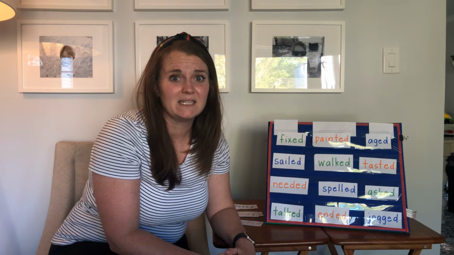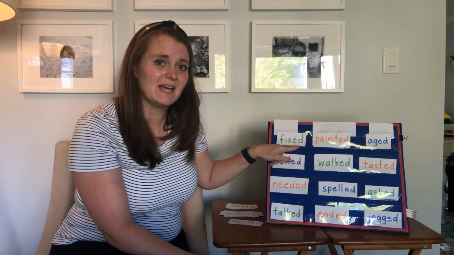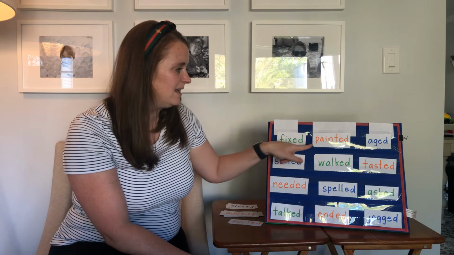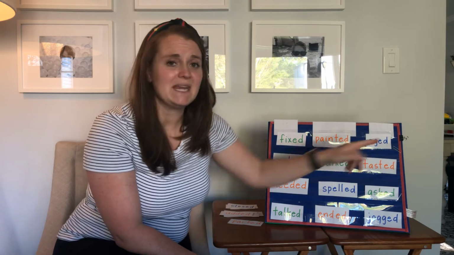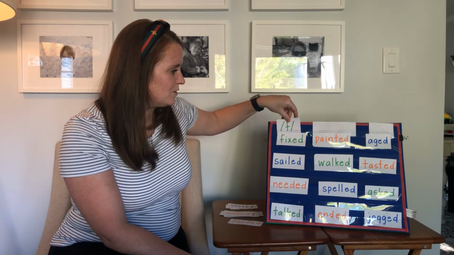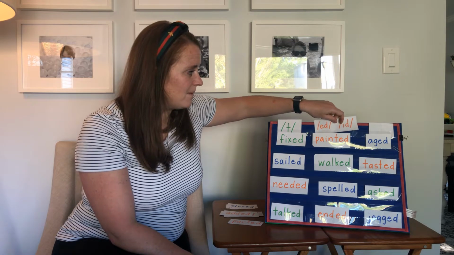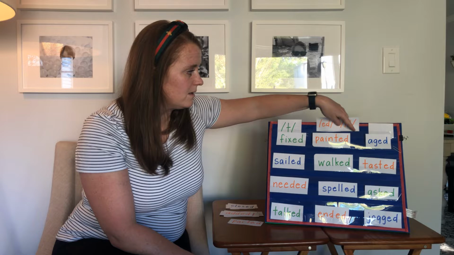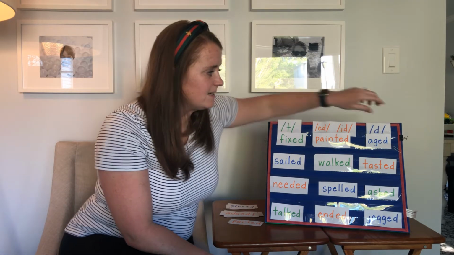So I have one, fixed, that sounds like the t sound. Painted, that sounds like the id sound. And aged, that sounds like the d sound, like a d makes. If we were to take these words and sort them, we might see a list.